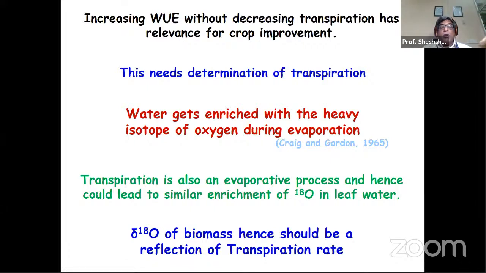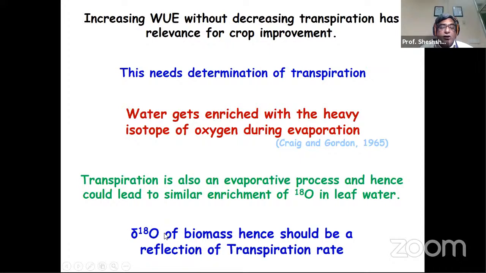Whenever water evaporates, the oxygen, which is the lighter isotope, will escape faster. H2O16 will go away faster, which results in the enrichment of the oxygen isotope in the water that you have in the leaf. So transpiration is an evaporative process, therefore it should definitely have the same kind of influence.